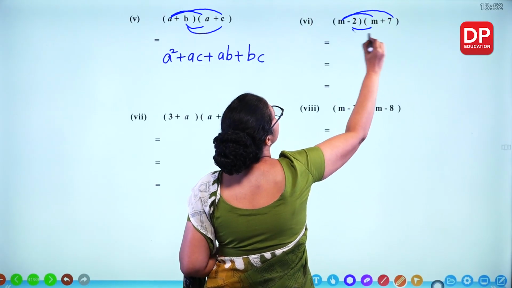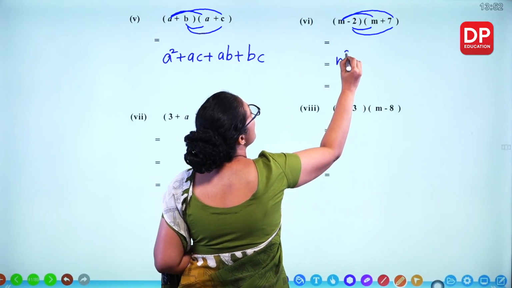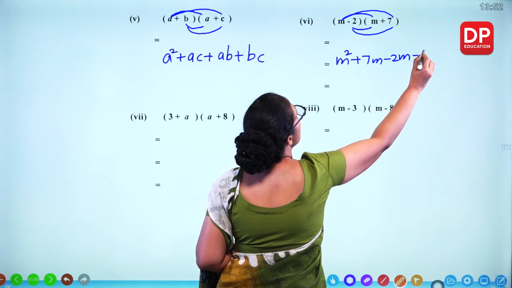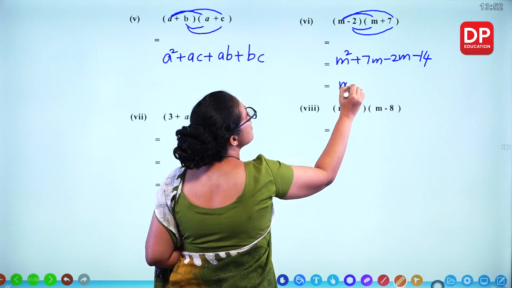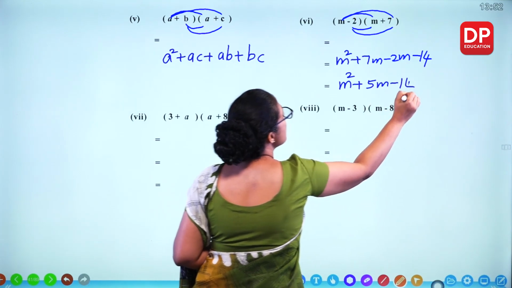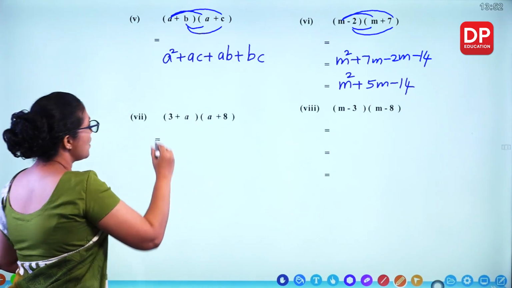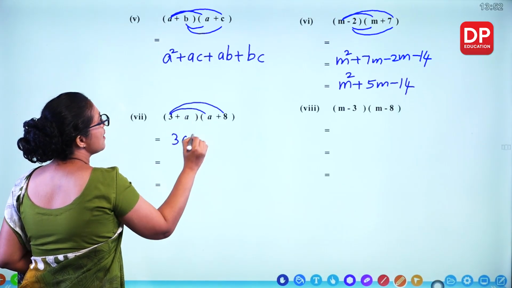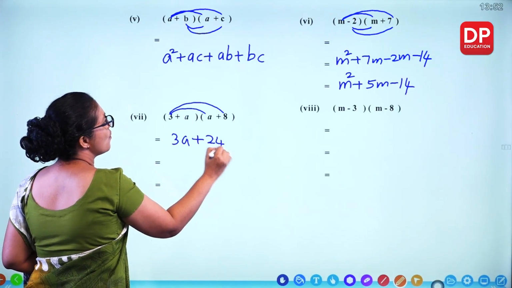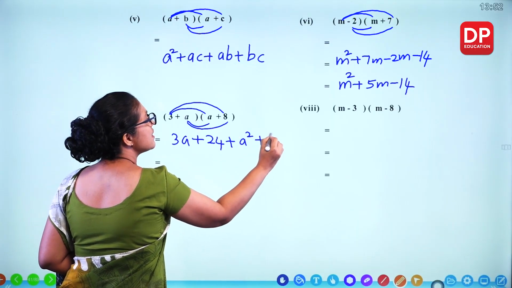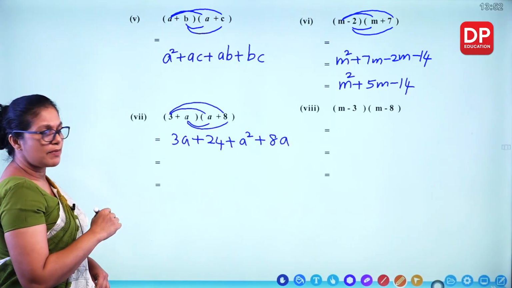This one, m squared plus 7m minus 2m minus 14. M squared plus 5m minus 14. This one, 3a plus 24. A squared and 8a. Simplify like terms.